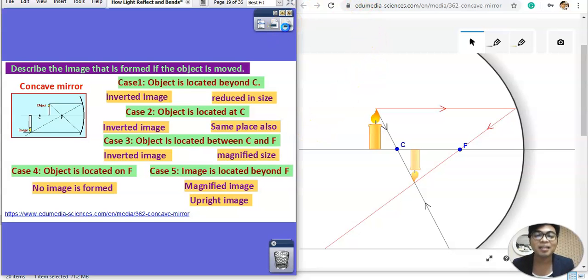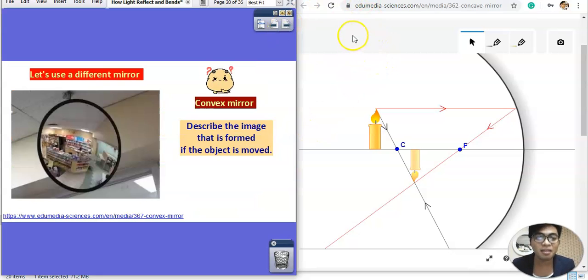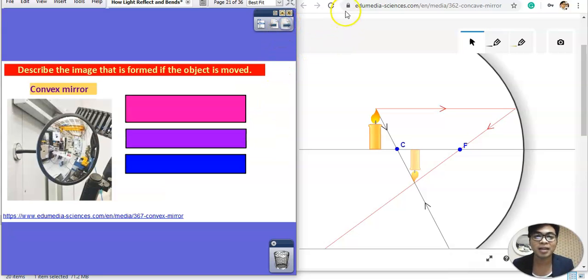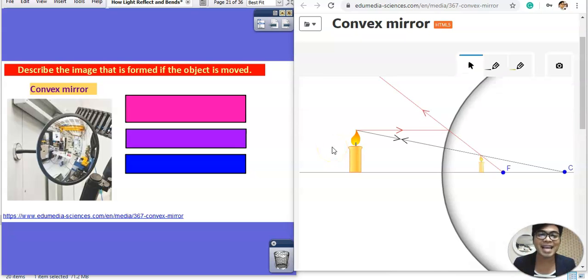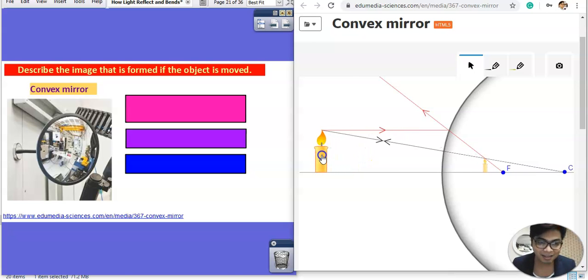At this time, let's take a look with a different mirror. Here, we're going to use a convex mirror. So let's take a look at what will happen. So right over there is a convex mirror, and try to see the surface of the mirror. And try to remember the shape a while ago of the concave mirror and how it reflects. So I have here the candle, okay?